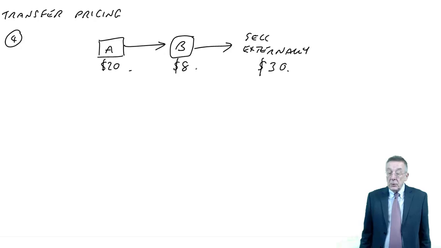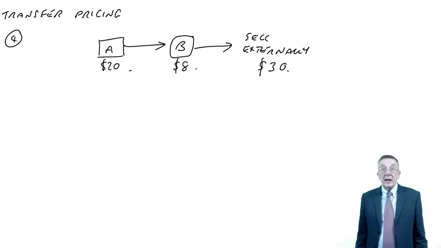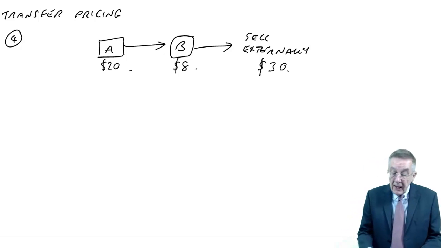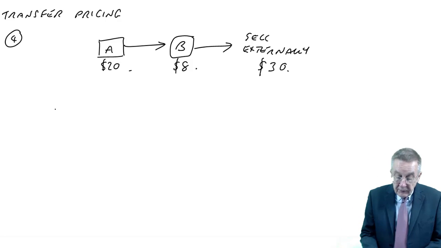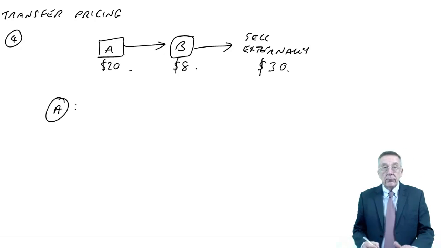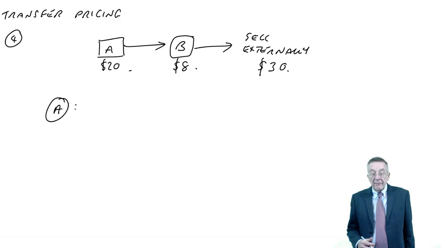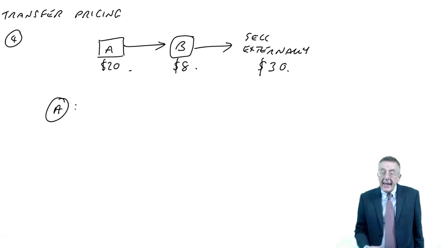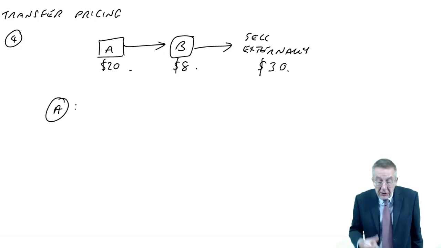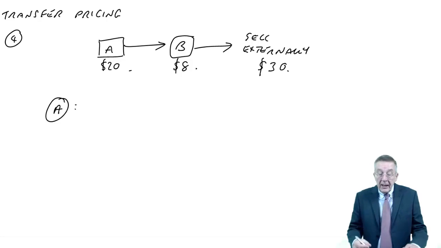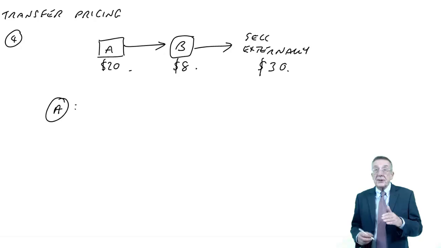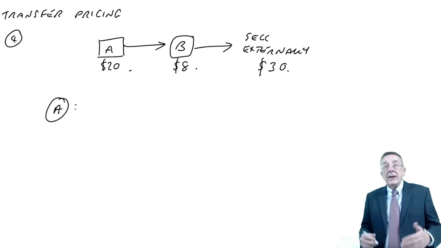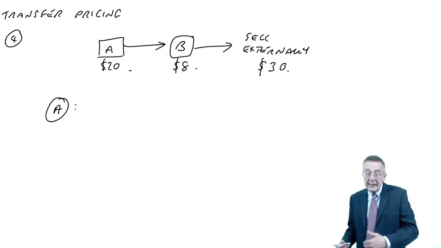Our job is to decide on a sensible transfer price that motivates both managers to want to produce it. And we look at the two separately. First of all, manager A. What will the transfer price have to be for A to be prepared to produce and sell it to B? Well, surely, since they've got costs of 20, they'll be motivated to produce, provided they can sell it to B for anything more than 20.